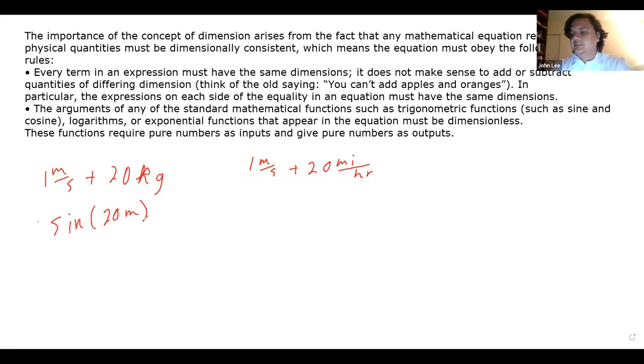So what is this? Sine is a function that takes a number and it outputs a number. So sine function of 20 meters doesn't really mean anything, because you're talking about units inside something that's designed to take a number.